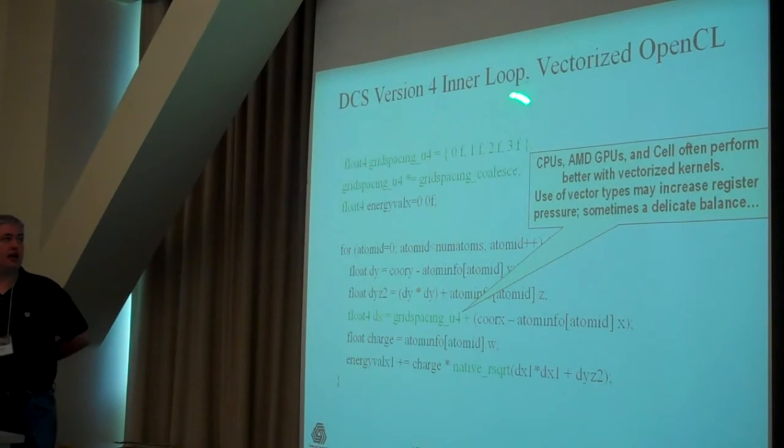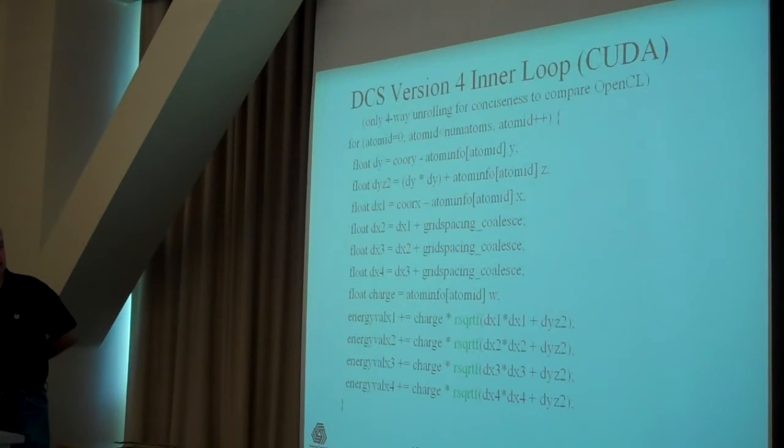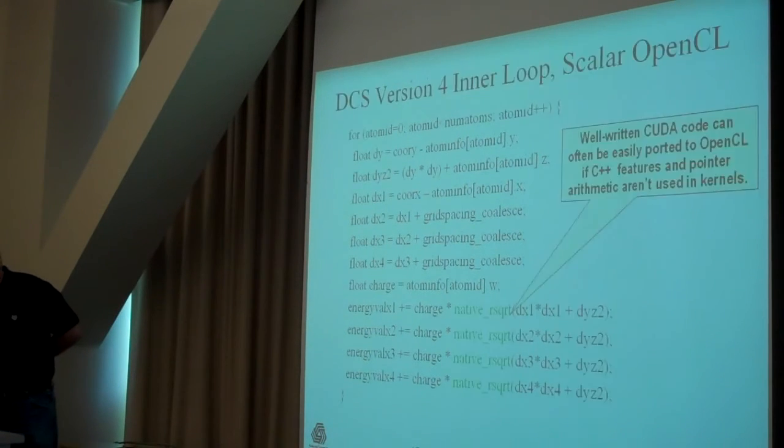And so the way you get it to use all 4 of those vector elements is to use float4 types. Instead of this unrolled implementation here, we could do the same thing using a 4-element vector rather than a bunch of independent scalars.